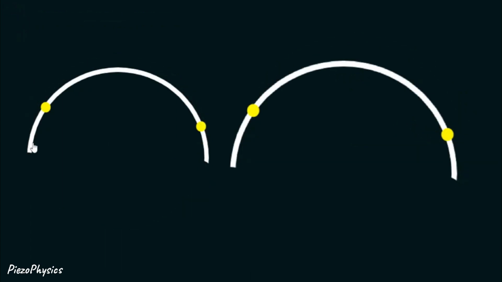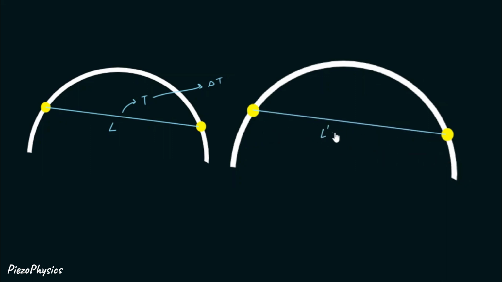Now consider we have one semi ring in which we have 2 points like this. If the distance between these points initially is L at temperature T, and we increase its temperature by delta T, this distance will increase with the temperature. If the new length is L dash, that will be equal to L into 1 plus alpha into delta T. So this is our second special case.